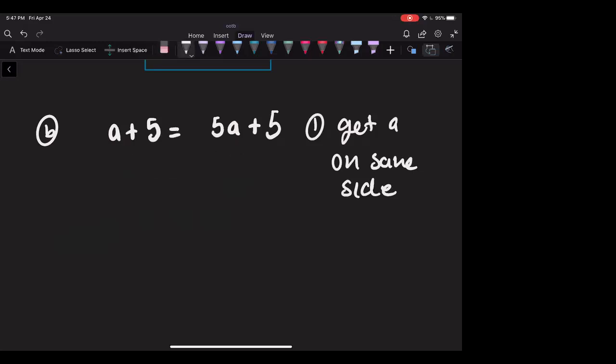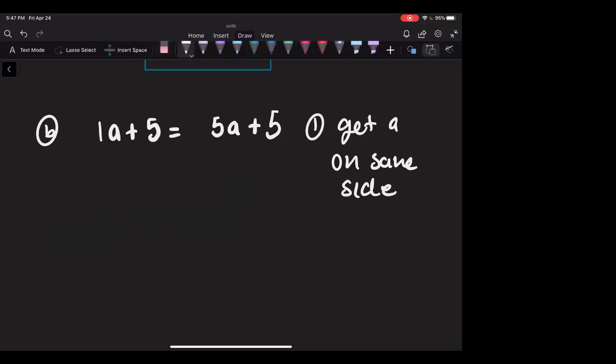Hold up. First rule, we gotta move this a and this a onto the same side of the equal sign. Which one's smaller? No, this is 5a, this is 1a. So the left one would be smaller. Is it adding or subtracting? Adding.